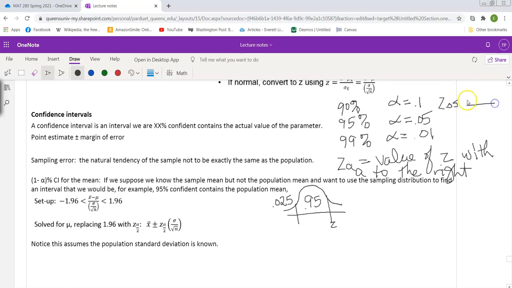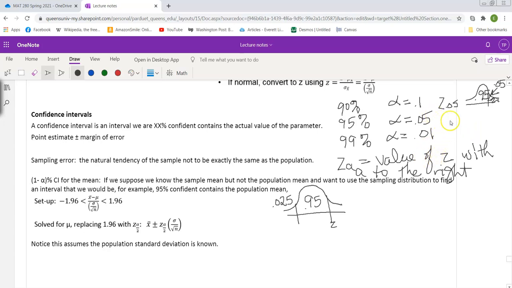So this is the value of Z where you've got 0.05 to the right. So if you've got 0.05 to the right, it means you've got 0.95 to the left. So you'd look up 0.95 in the middle of your normal table.